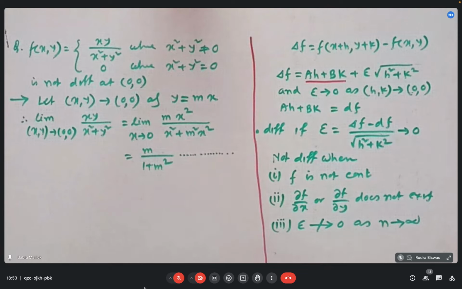Therefore, f(x,y) is not differentiable at 0 0.